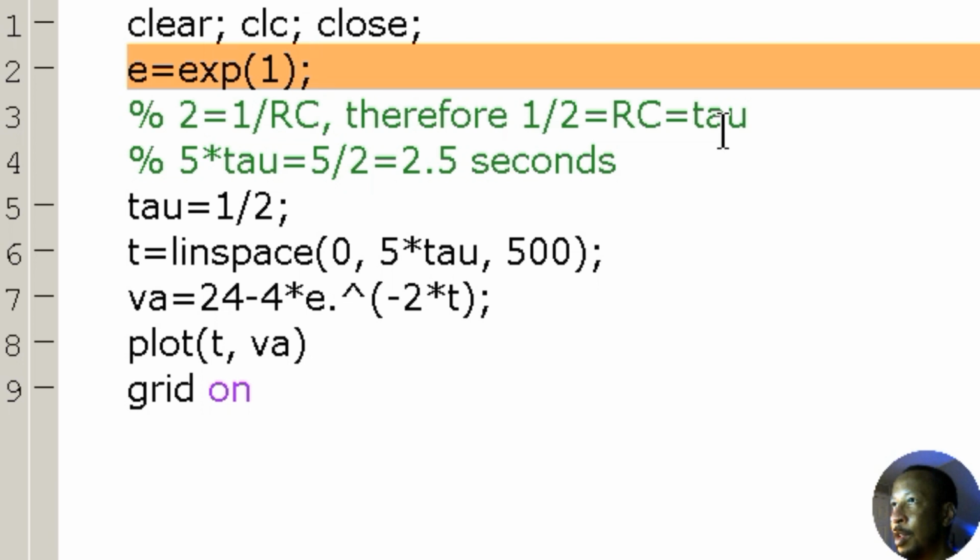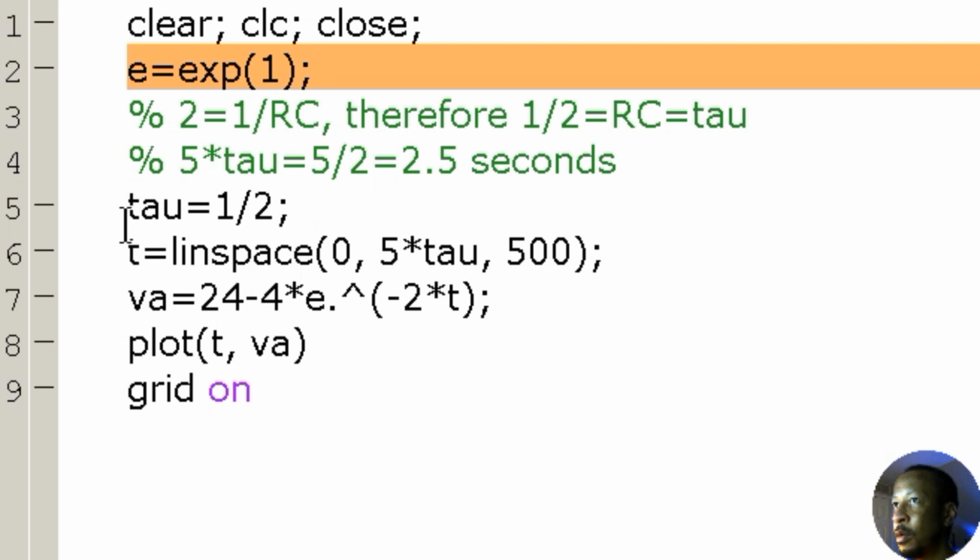Tau is the time constant, and we want to graph that over 5 time constants. This is what tells you what makes sense in order to see this response. The RC time constant is equal to half. So 5 times a half gives you 2.5, 5 over 2. So you're going to graph it over 2.5 seconds in this particular example.